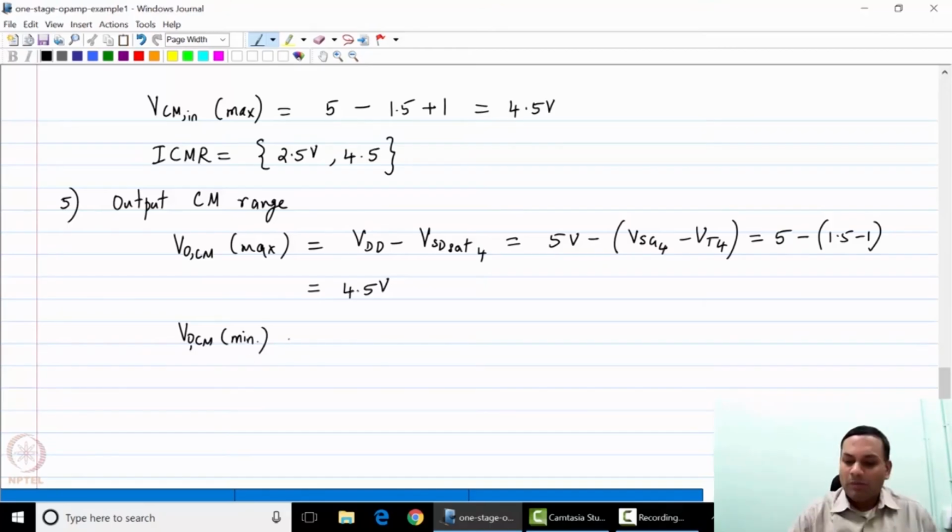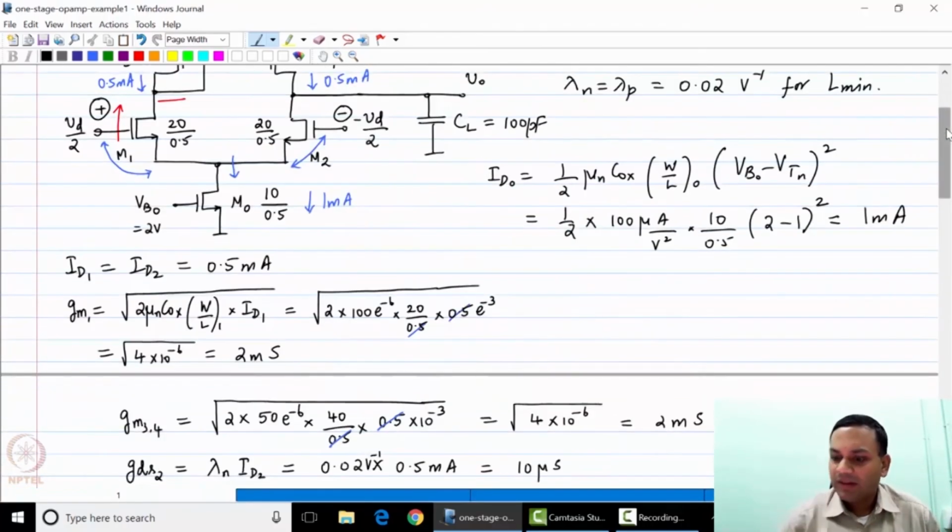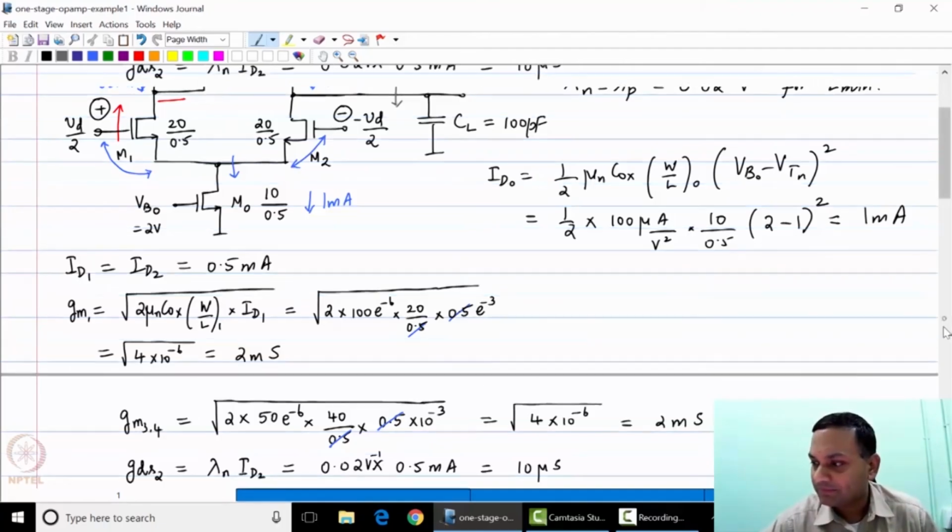Of course, the minimum output common mode depends on the value of the input common mode. That would happen when, as the output common mode decreases, eventually the transistor M2 would go into triode region, and that will happen when the drain voltage goes one threshold voltage below the gate.